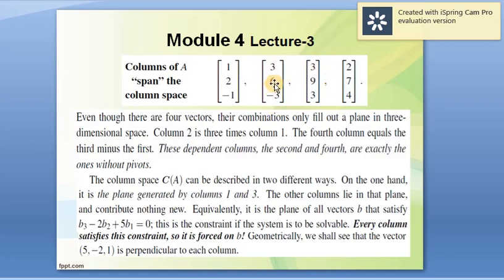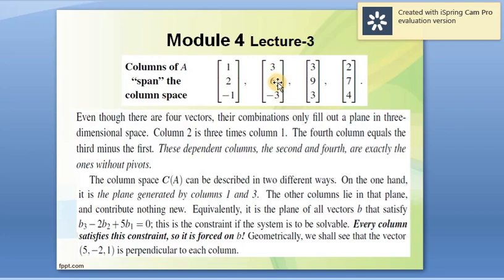Multiplying the first column by 3 gives the second column.